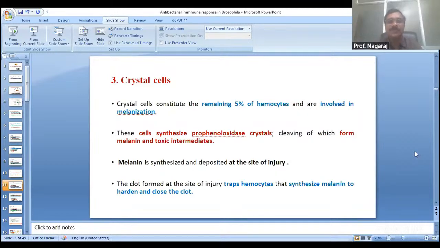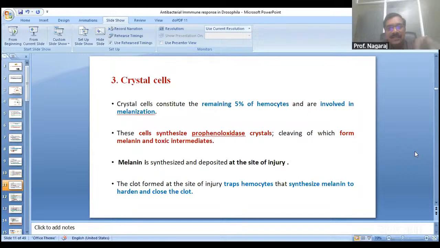Crystal cells constitute the remaining 5% of hemocytes and are involved in melanization. Melanization is the formation and deposition of melanin at the site of infection or injury, and it is similar to the blood clot at the site of a wound that we see in our body.